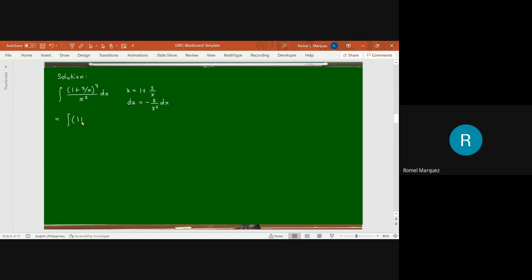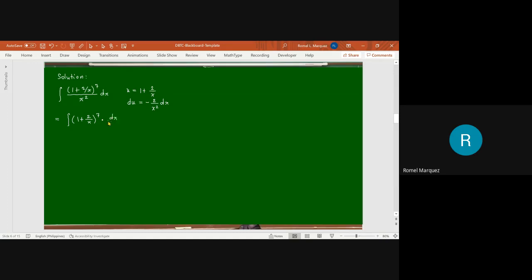Again, this is not yet du. We have to complete it. To complete the du, we have to multiply this by negative 2, right? But don't forget to balance outside by negative 1/2.